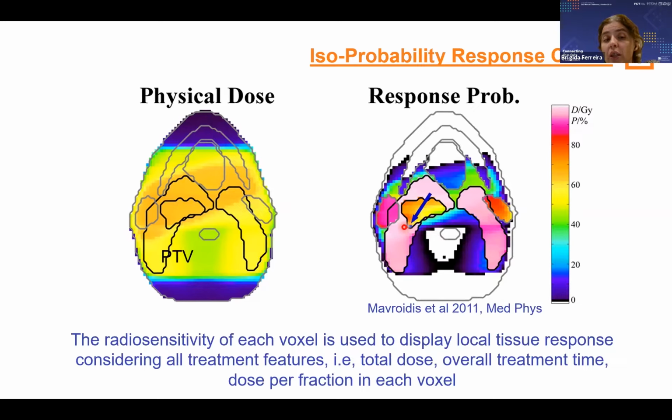So this is actually a cold spot that is very difficult to see here, but here it becomes immediately evident. For serial organs, this is also very straightforward to analyze because it's sufficient that you damage one voxel to cause injury. For parallel organs, it's a little bit more difficult because functionality depends on the whole organ.